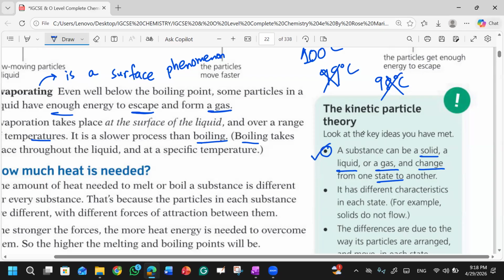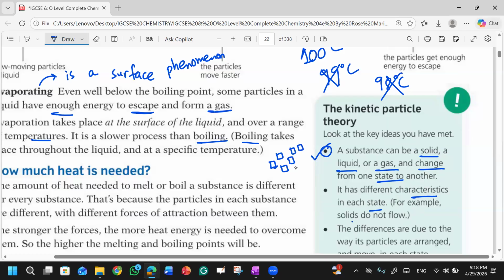Then, it has different characteristics in each state. Every substance, whether solid, liquid, or gas, has different characteristics in each state. For example, we say solids do not flow, right? This is correct. If you want something to flow, you need to convert that thing into liquid. Just like you have sugar crystals like this, but these sugar crystals cannot flow.